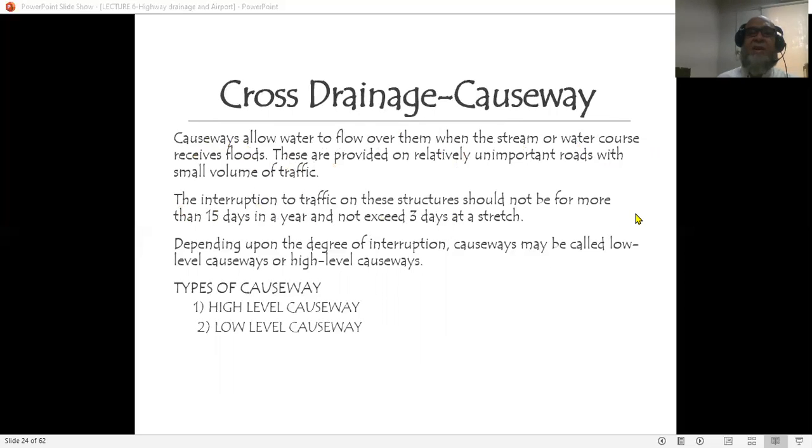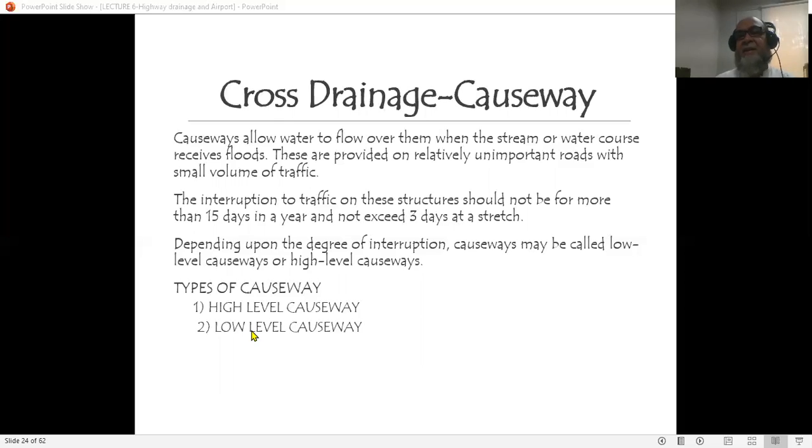Sometimes you have to close the traffic for 15 days, but it's our desire not to close them for more than 3 days. Depending upon the degree of interruption, we can have a high level causeway or a low level one. The concept is sometimes we raise the top of the causeway to the expected water level rise.